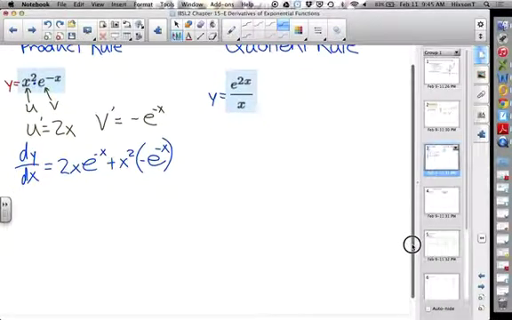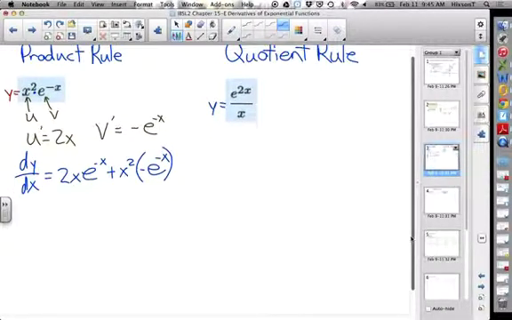Now the same rules for simplifying apply here. I would rewrite this as 2x over e to the x to make it a positive exponent. This negative I can pull out in front, so it's going to be a minus x squared over e to the x.